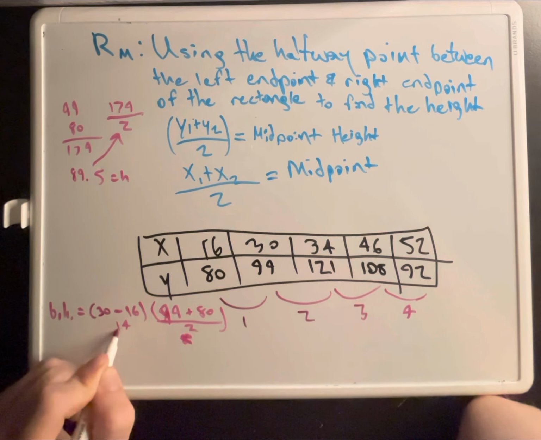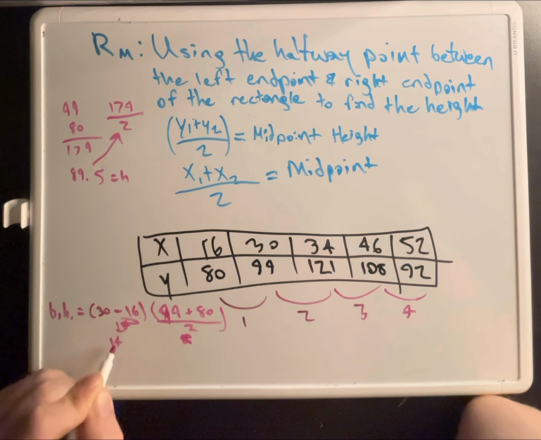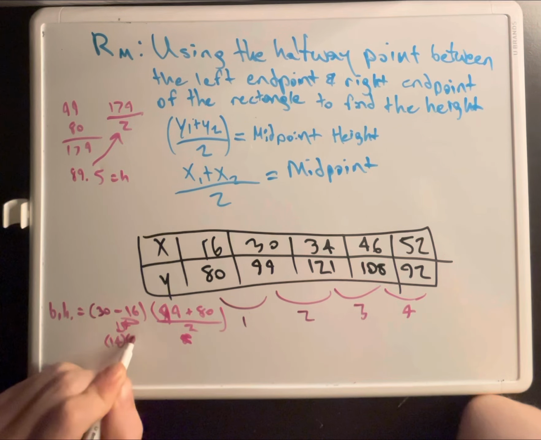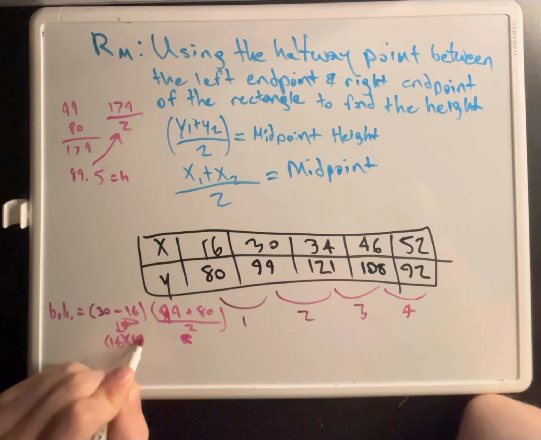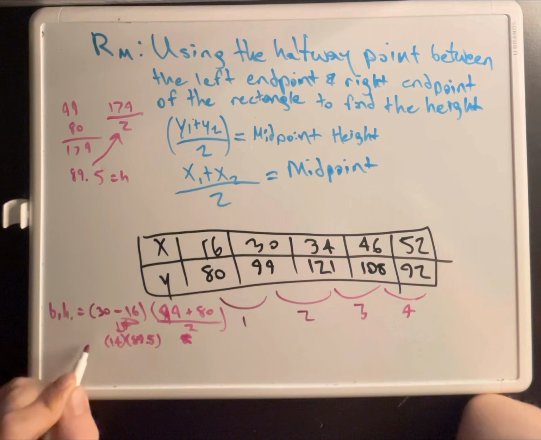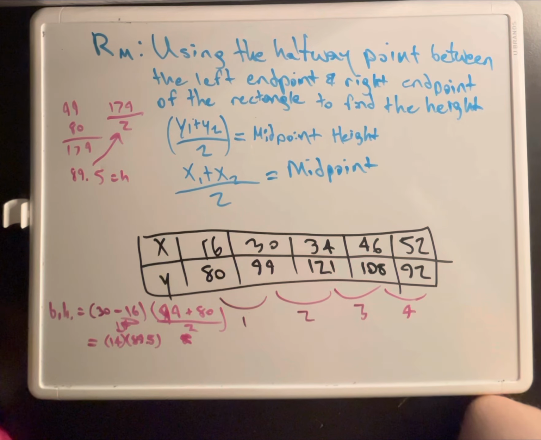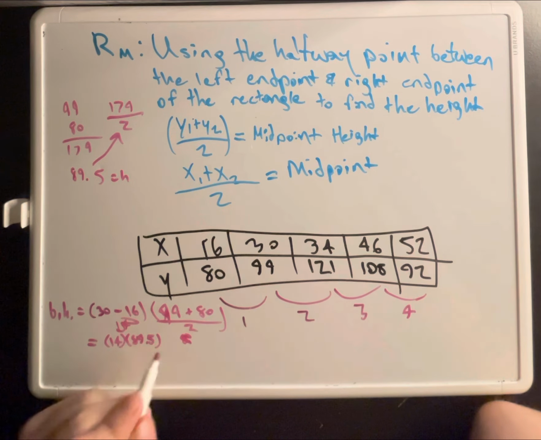So let me just cross this out and rewrite it down here. 14 times 89.5. And that equals, I'm just going to cheat and use a calculator this time.